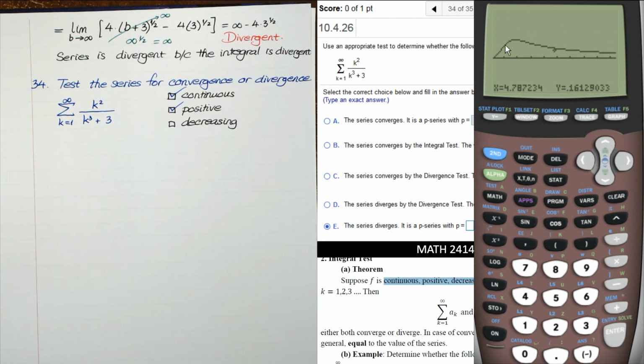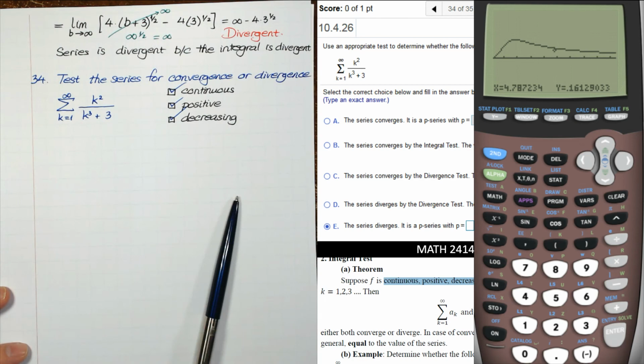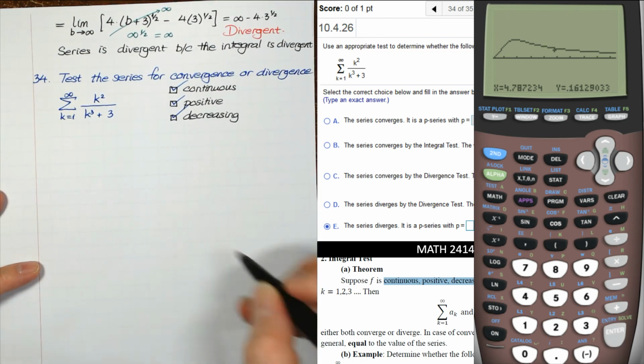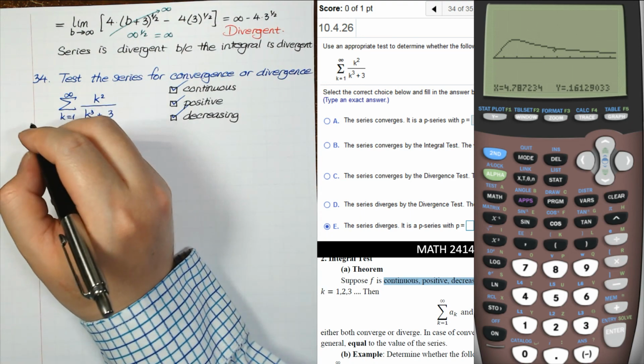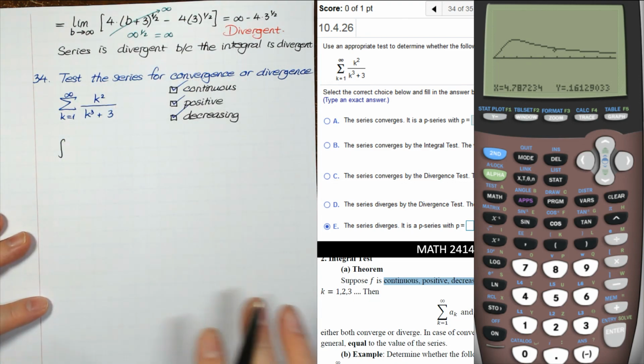At 1 it is here and at 2 it is here, so it's increasing a little bit at that point, but after that it will be decreasing. So we don't care about the first few terms. It is decreasing. That's good. Even though it's slightly increasing on the first term, we're not worried about that. After that, it will smoothly decrease.